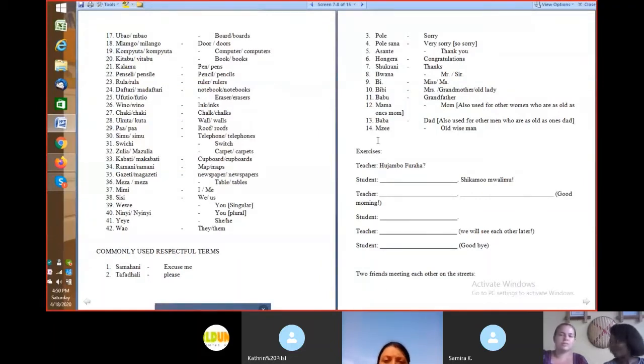So their first language is actually Kiswahili, while in the other regions on the mainland, they have their own traditional or tribal languages, and Swahili is the second language. So even the accent in those Swahili regions is a little bit different from the mainland of Tanzania and other regions.